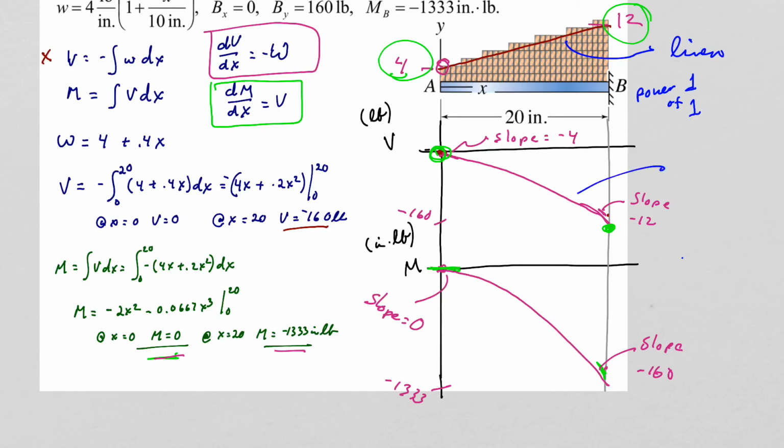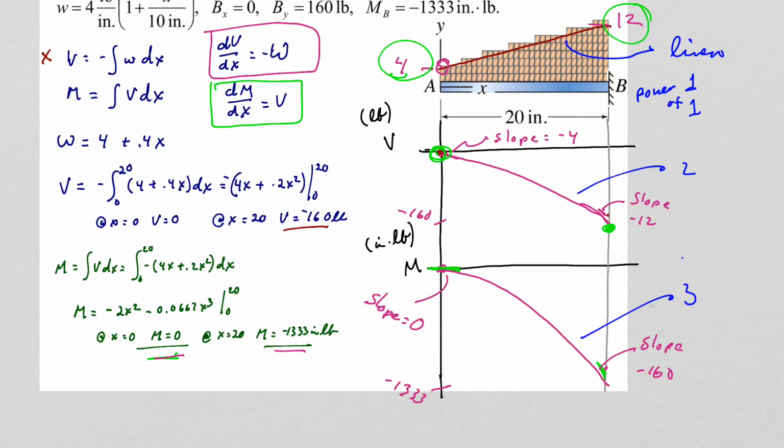We know that this is going to be power of 2, and this will be 3. So linear, quadratic, cubic is the relationship of our curves because of this integration. We also know the slopes of these lines going forward from the shear on down.